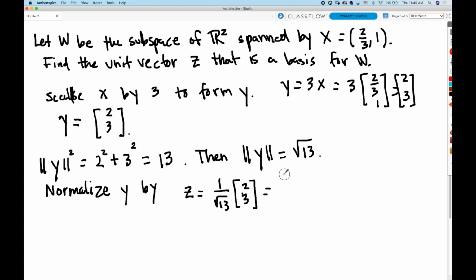And so we get the new vector 2 over square root of 13, 3 over square root of 13. And so there we go. We just found z that is the basis for W. So basically we just had to normalize it. First we scaled x to make it easier to work with. Then we found a norm, and then we normalized it.